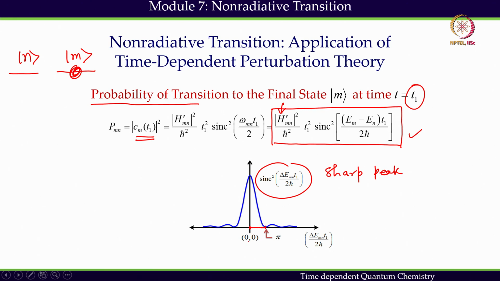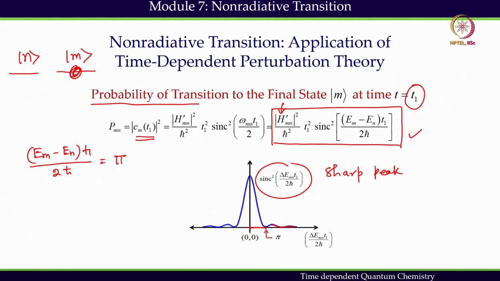and this width would be when Em minus En times t1 divided by 2 h cut becomes pi, then the function value becomes 0, and we are defining this to be the width. Then later there are some oscillations, but these are of very low magnitude, almost nothing.